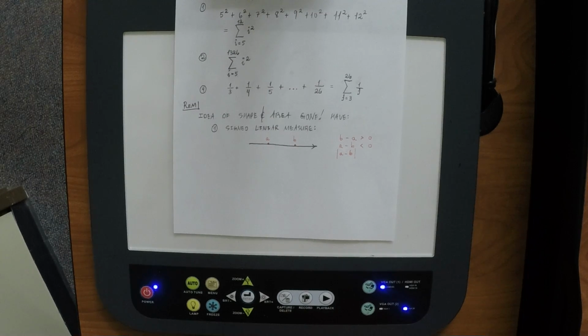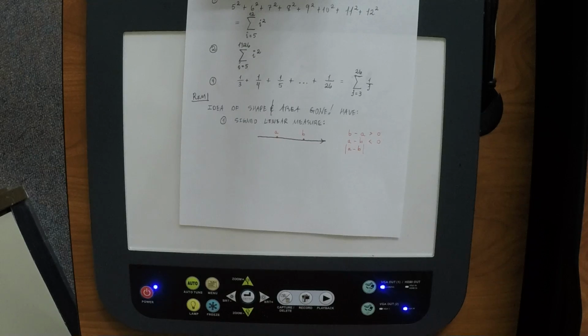So like when you're talking about traveling on the road, usually you're just interested in magnitude, in the sense that if it's 180 miles from South Dallas to North Houston, then if you were traveling from North Houston to South Dallas, it wouldn't be negative 180 miles, right? It'd be 180 miles.